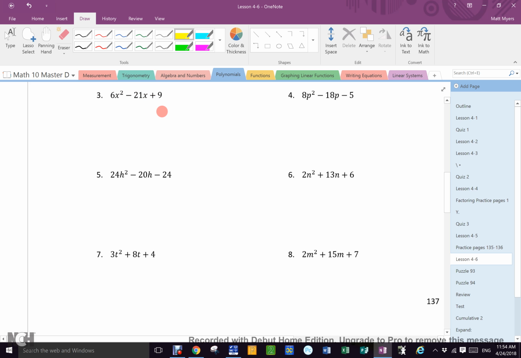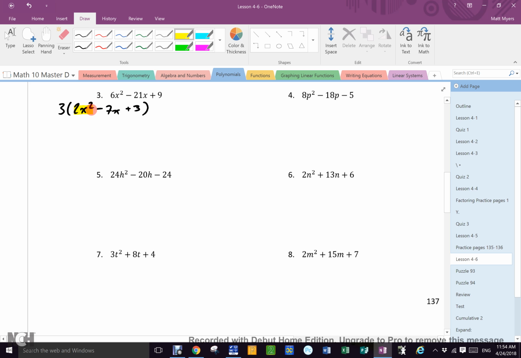So, number 3, number 5, have a first step that you need to do before you can do either my method or Mr. Deweydoff's. What is that first step? I got to do a GCF there, don't I? So I take a 3 out of there, and I get 3 times 2x squared minus 7x plus 3.